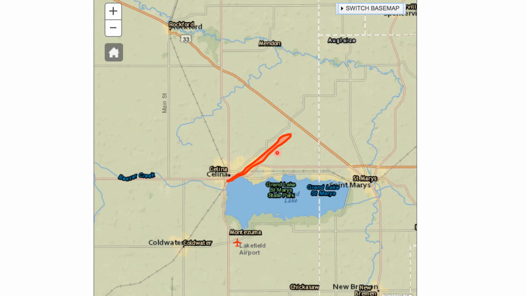Basically, this red area represents the length of the tornado's path. I'll also mention that the tornado started here, right near Salina, and then it traveled in this particular direction. I'm not going to tell you what direction it is, but just remember, north is on the top, south is on the bottom, east is on the right, west is on the left.